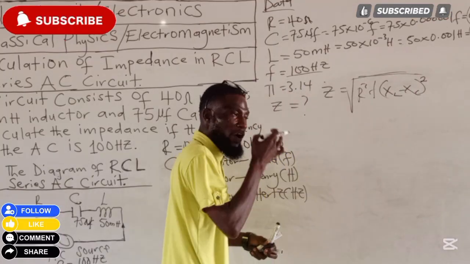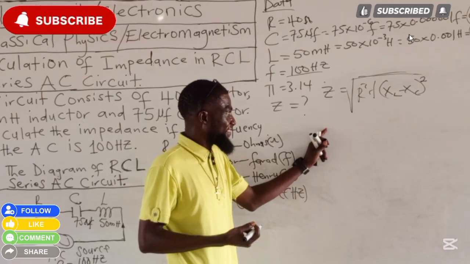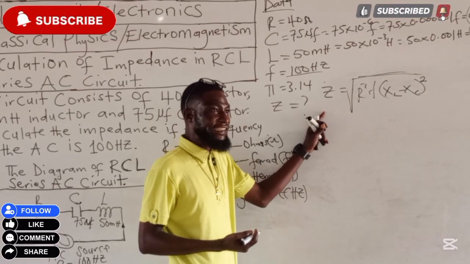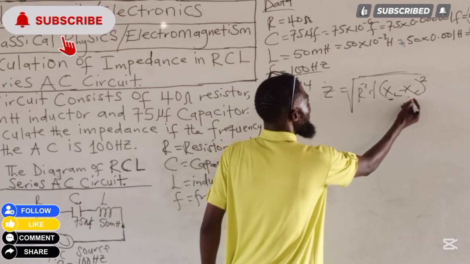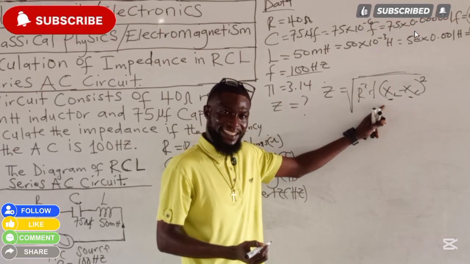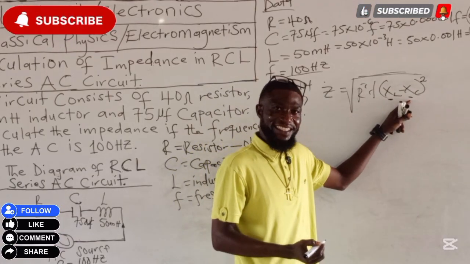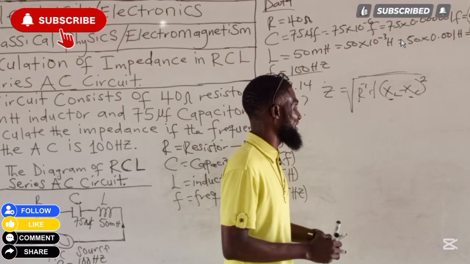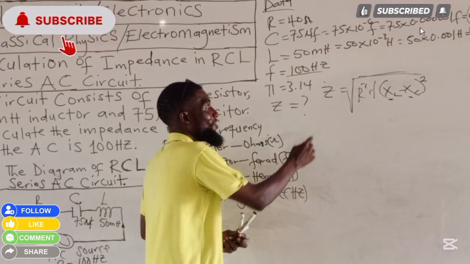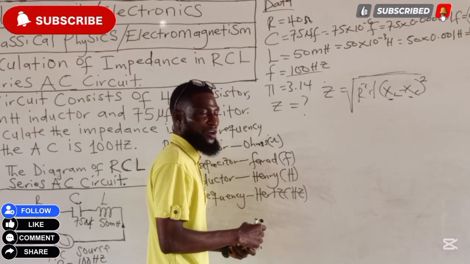So remember, this is the formula we'll be using for our impedance Z to solve our problem. Based on this, ladies and gentlemen, we don't have XL and XC. Remember, XL represents the inductive reactance, while XC represents the capacitive reactance. On this note, we need to solve for them in order to get our impedance, because we don't have them in our data.